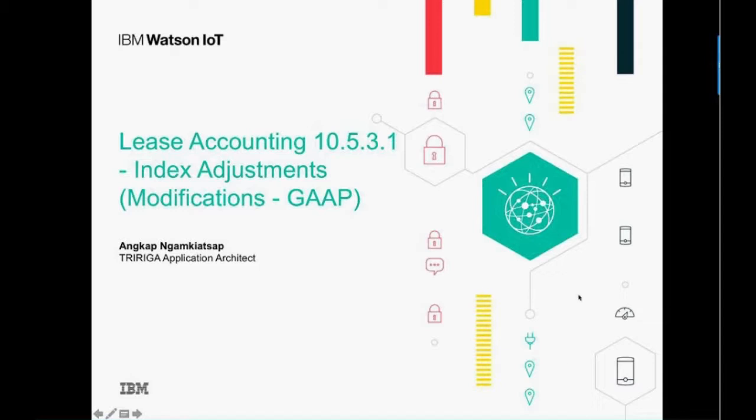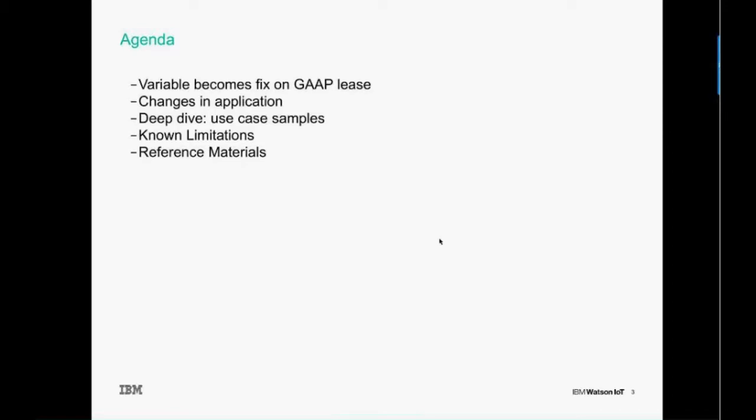Today's session is about the lease accounting changes in 10531. We're going to go over the index adjustment modifications for GAAP leases. The agenda is to go over variable becoming fixed on the GAAP lease situation and the changes that we did on the application side.